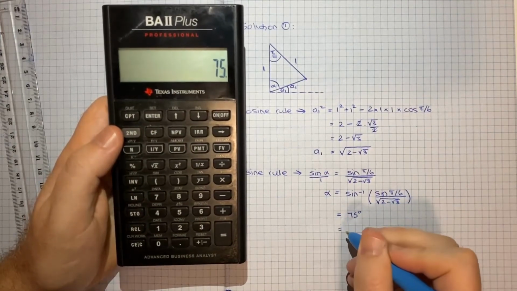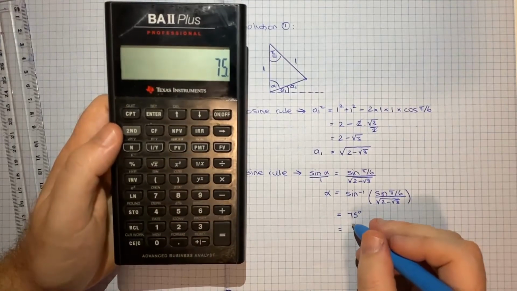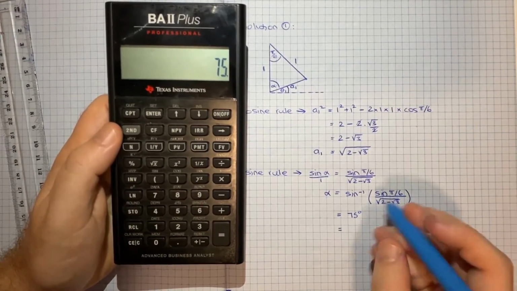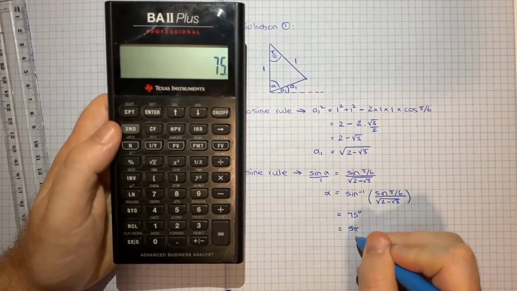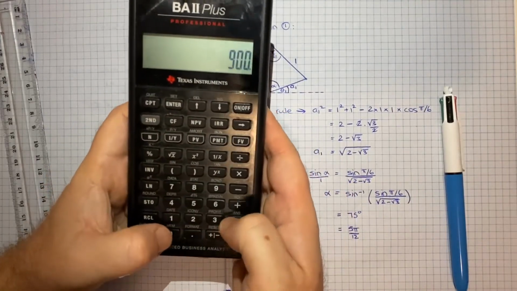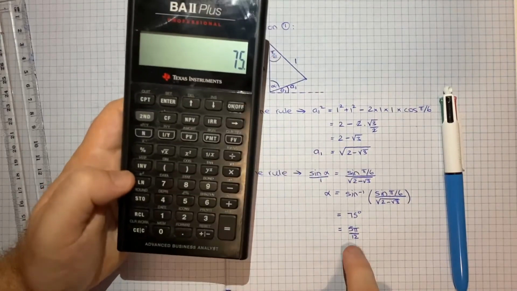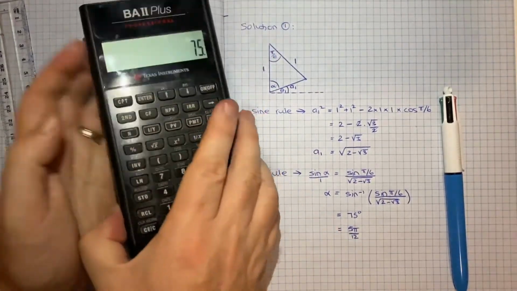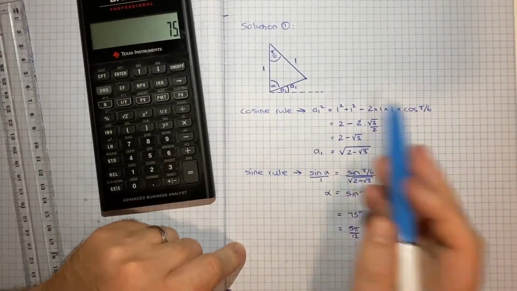And that, in terms of radians, would be 5 pi on 12, which we can check. If I did 5 times 180 divided by 12, very good, 75. So that's our alpha, but we want theta 1.